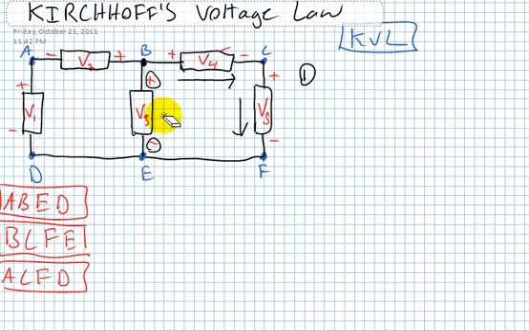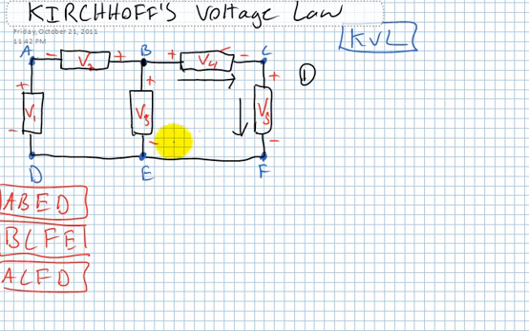If we're going from minus to plus, that means that it is not passive. That means that it's not using power, but it's actually giving off power. Remember, these aren't resistors, they're just circuit elements.